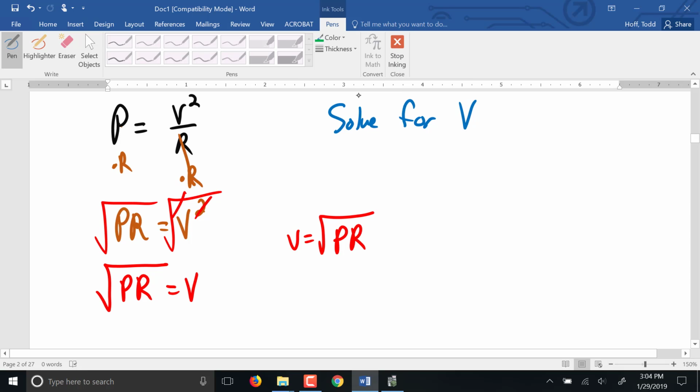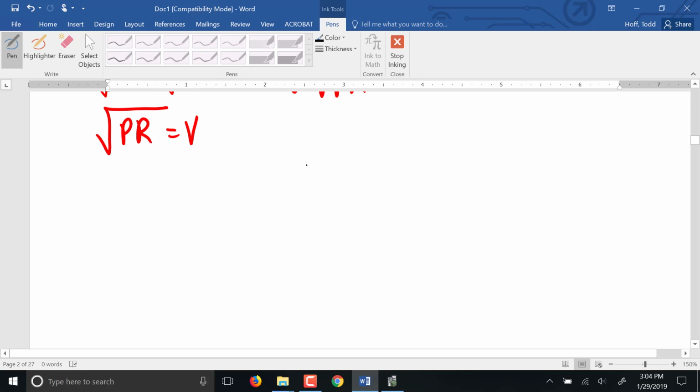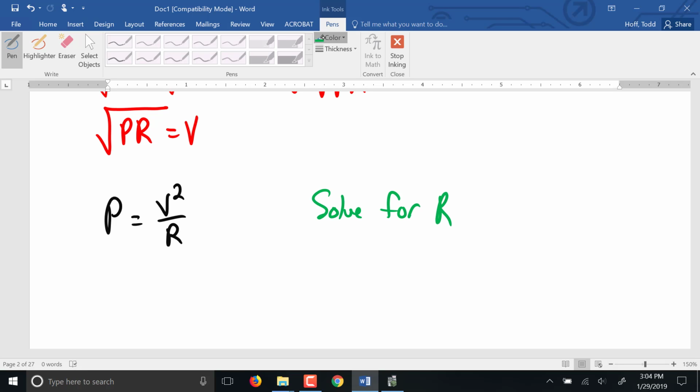Well, we might take that same formula, P equals V squared over R, and we might solve for R. That's a little tricky. R is on the bottom of a fraction. So we either have to get it out from underneath the bottom, or we can do it like this.